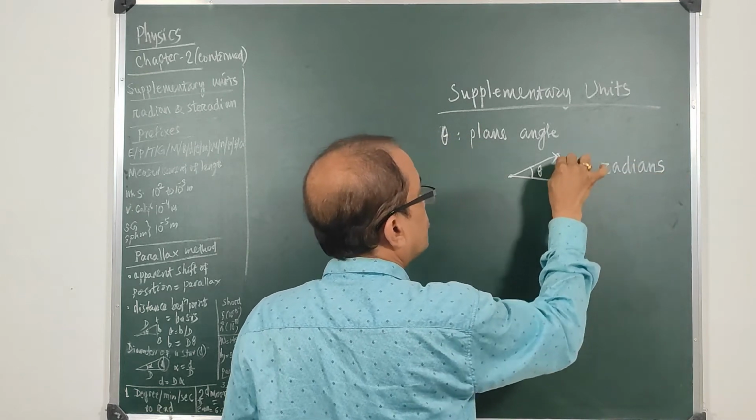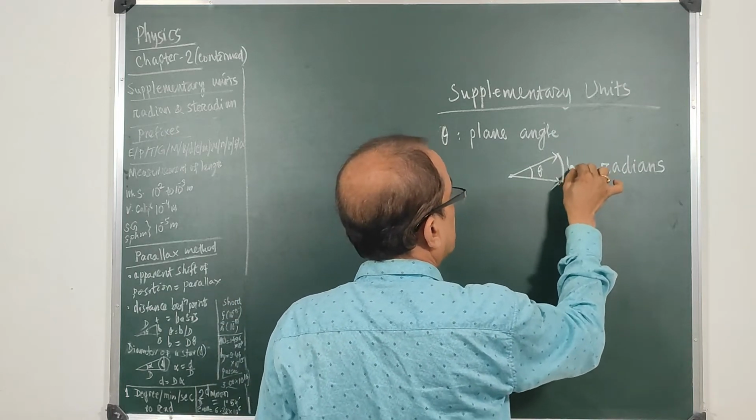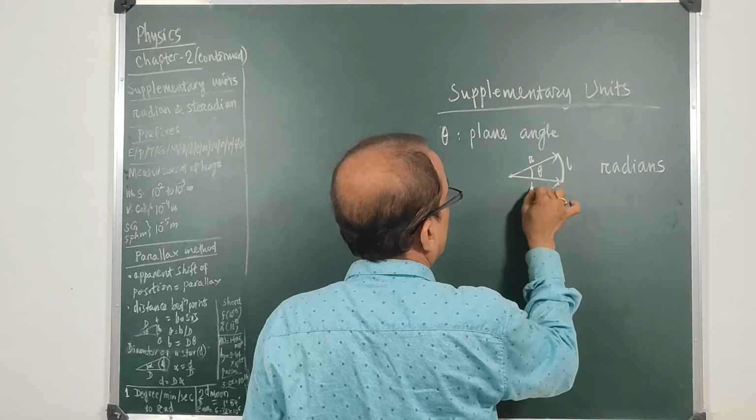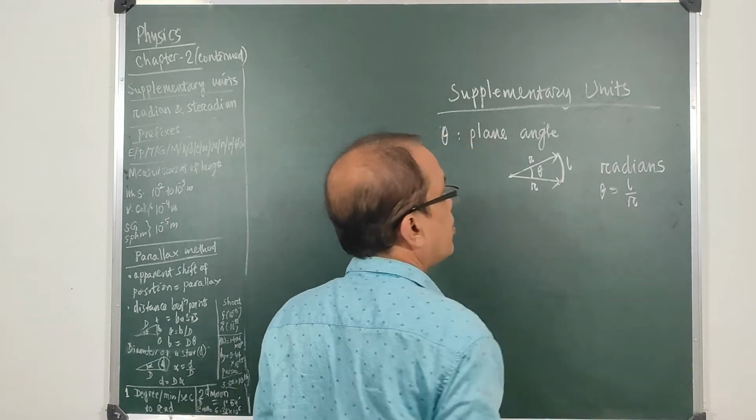And you know from your 10th class that if L is the arc and R is the radius of a circle, then theta is equal to L upon R.